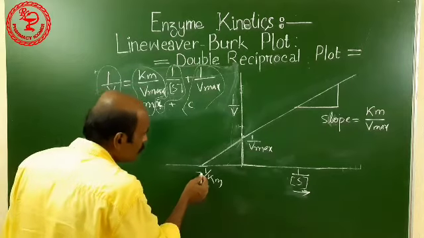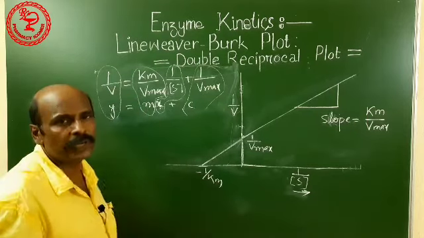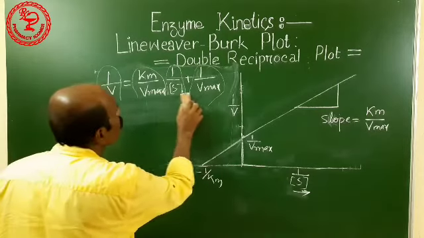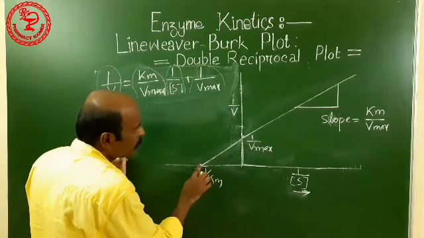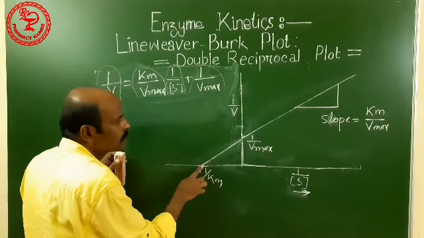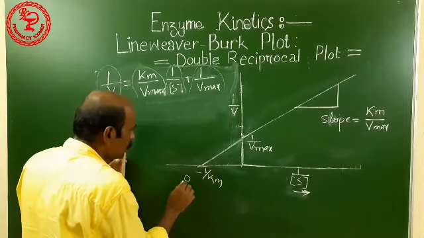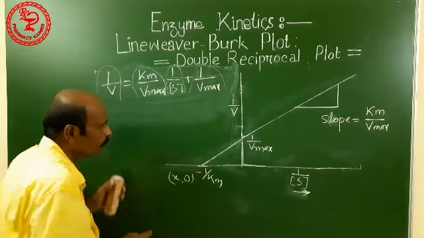Now whether it is minus 1 by Km or not, we can prove it mathematically. At this point on the x-axis, the y value is 0; let the x value be x.